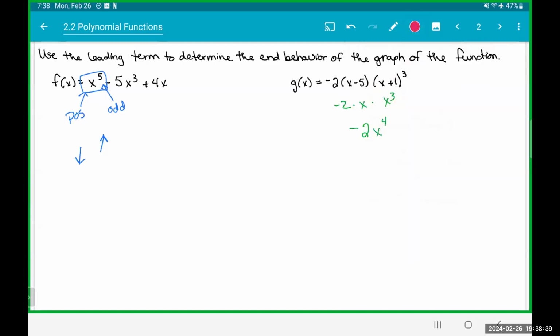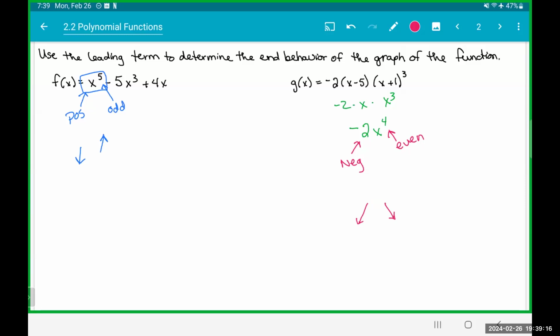So that tells me here that I am negative and even. So when I'm negative and even, then I'm down to the left and I'm down to the right. That's all this is telling us; we don't know what's in between yet. We're going to get some more tools as the night progresses to be able to fill in the middle of those arrows. Okay.